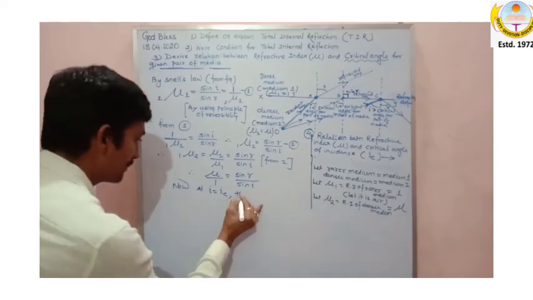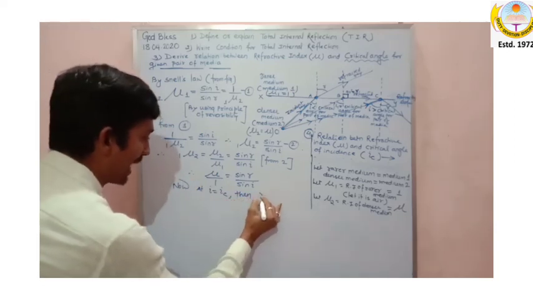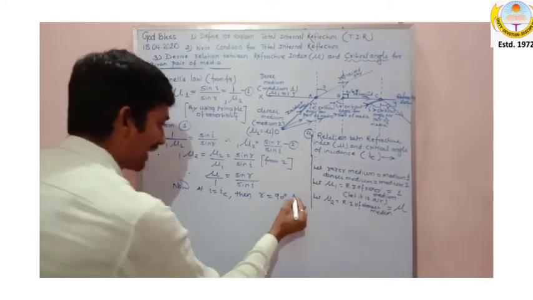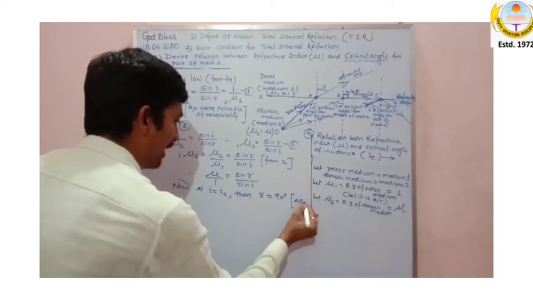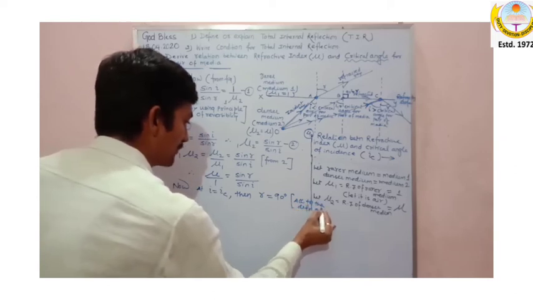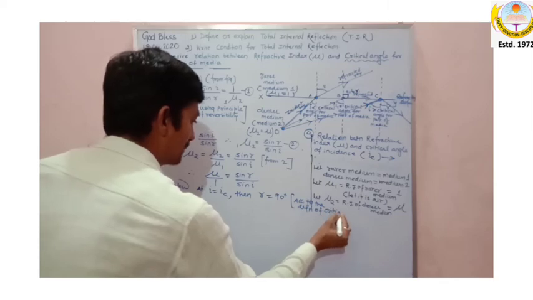Then your angle R is equal to 90 degrees. This I got according to the definition of critical angle.